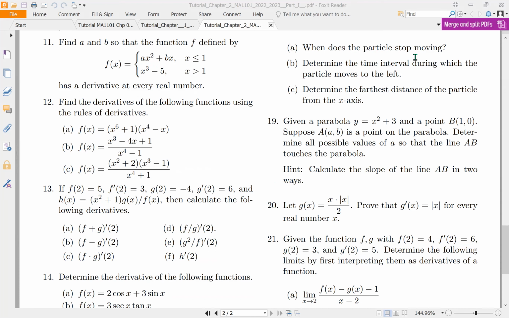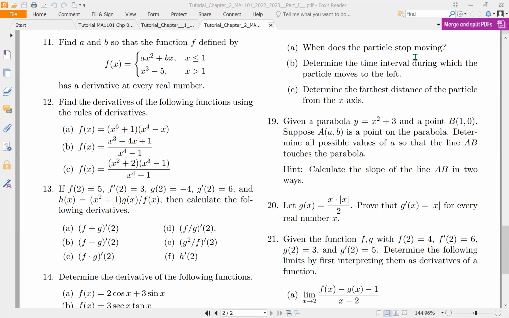You have to apply the product rule and also the quotient rule to find the derivative, because the derivative of the product of f and g is not the same as the derivative of f multiplied by the derivative of g.